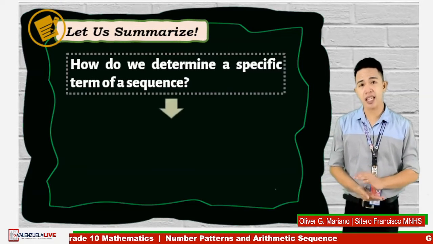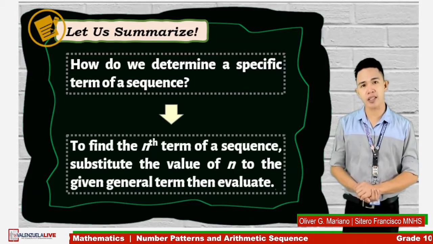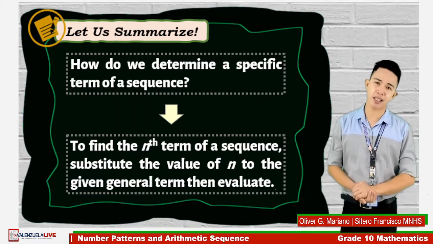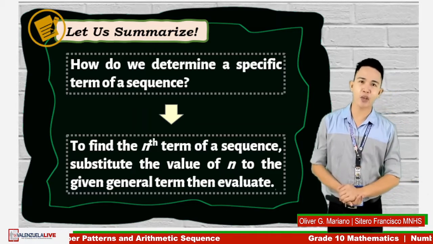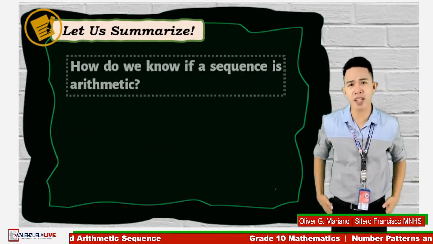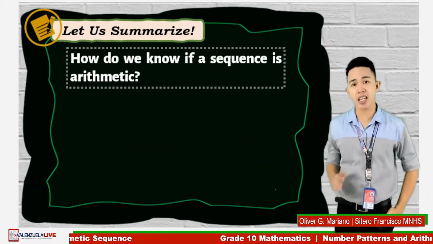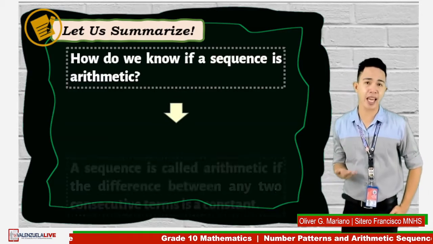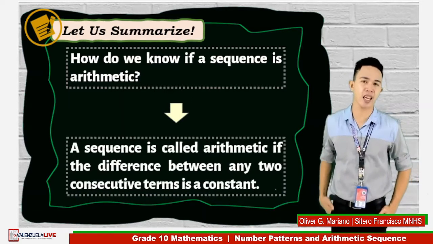To find the nth term of a sequence, substitute the value of n to the given general term, then evaluate. How do we know if a sequence is arithmetic? A sequence is called arithmetic if the difference between any two consecutive terms is a constant.